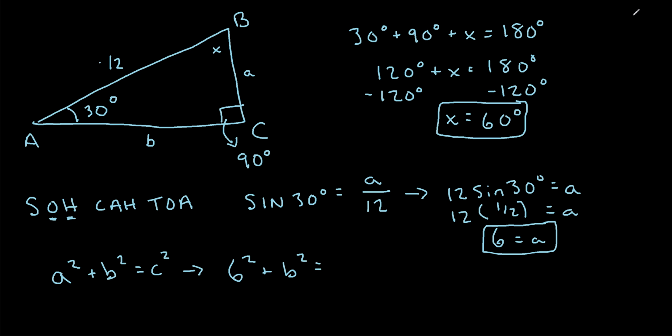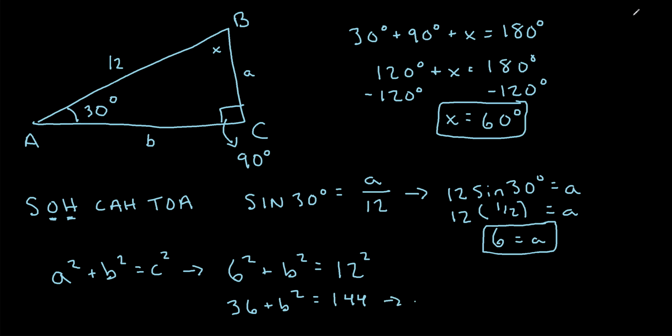So c is 12, the hypotenuse, 12 squared. So let's see, 6 squared, that's 36, plus b squared is equal to 12 squared. 12 squared is 144. So to solve for b, we need to subtract 36 from each side.